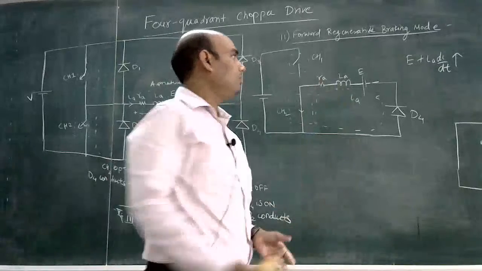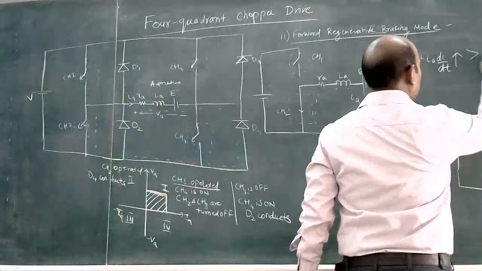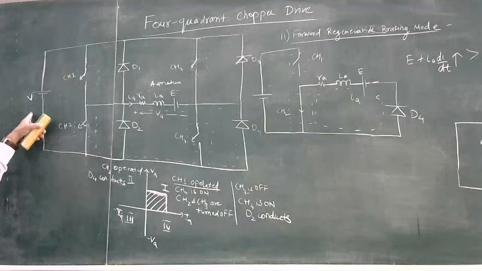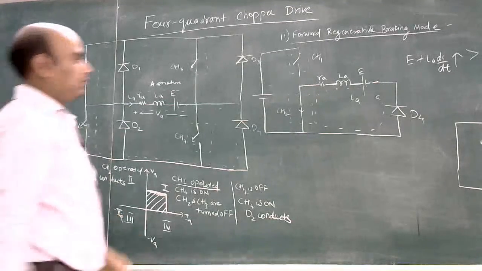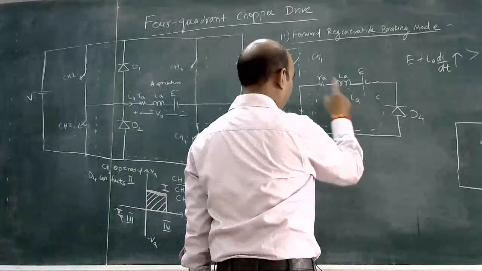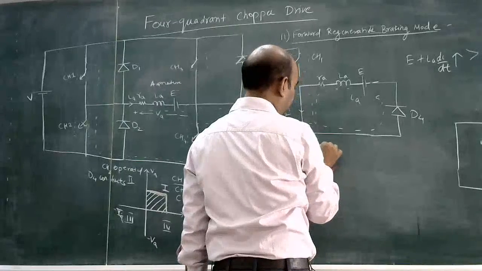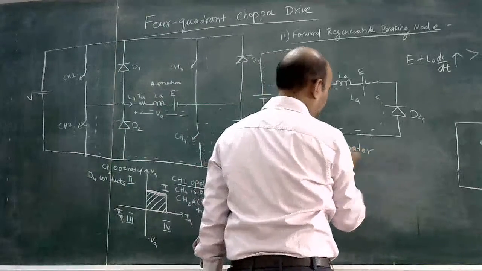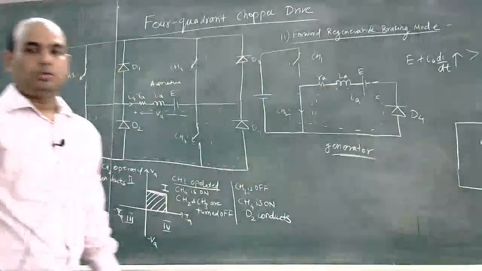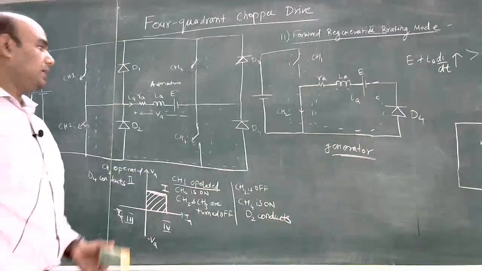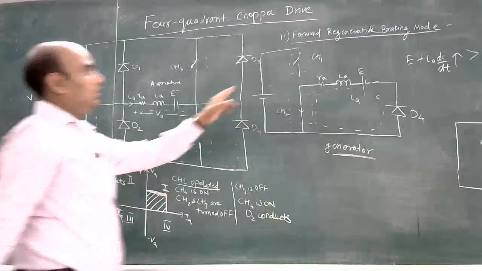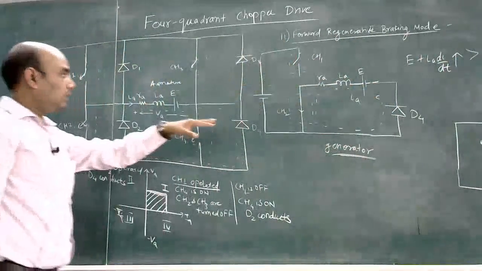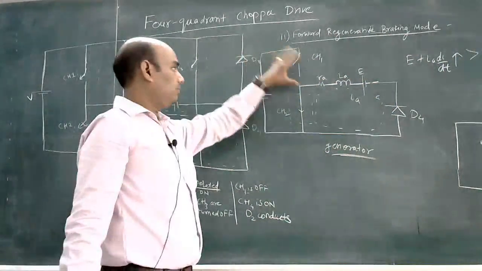Okay, and this will become greater than supply voltage V, and this motor will behave like a generator. Okay, so that's why it is known as forward regenerative braking. Okay, here supply is not connected with the motor.